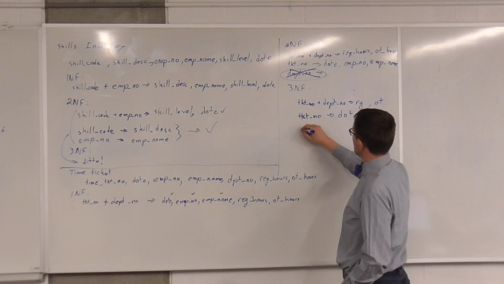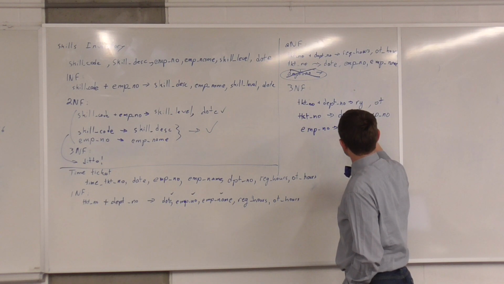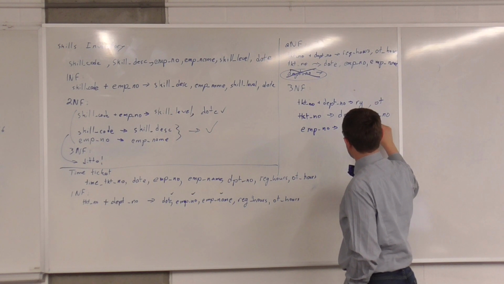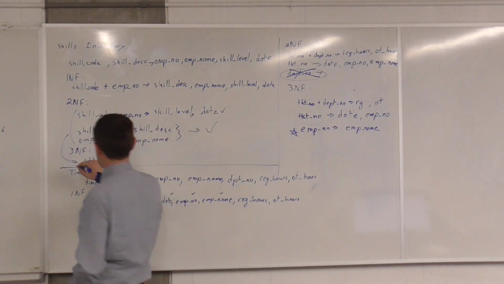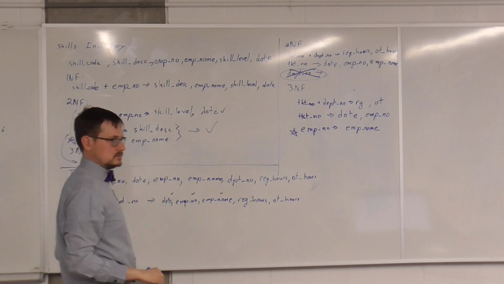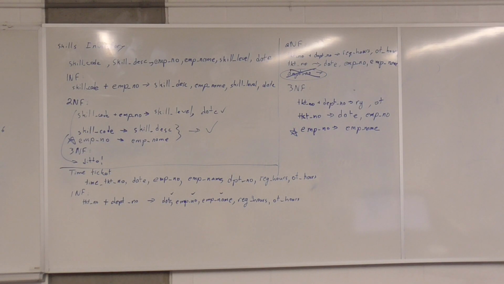We apply it to its own employee number gets employee name. Now you may notice that guy right there is the same as this guy right here. Make sense? So, so far so good? Shall we proceed to the third table?